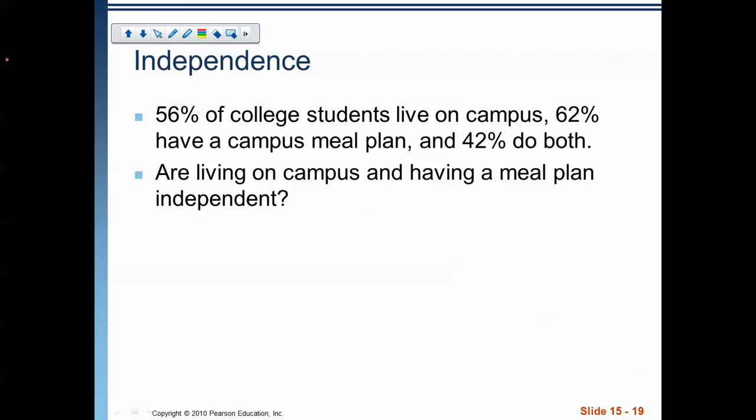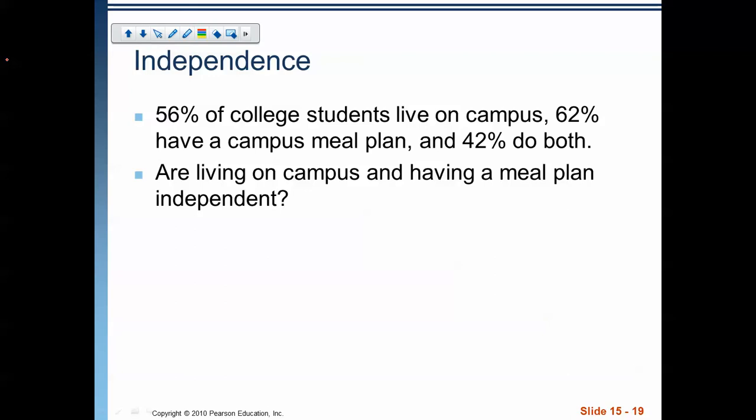Let's just answer a quick question, okay? This is the same on-campus information that we started with on day one, okay? 56% of college students live on campus, 62% have a meal plan, 42% do both. Are living on campus and having a meal plan independent of each other? Meaning, if I know that somebody lives on campus, does that change the probability that they have a meal plan?